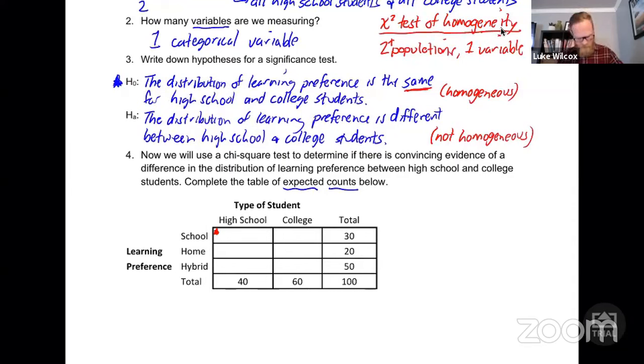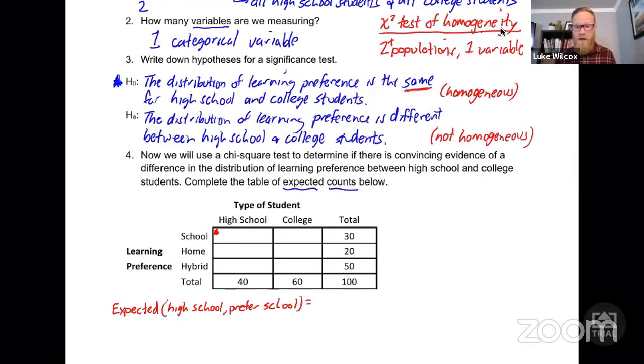I want to talk about what we would do to find the expected value for that particular cell in the two-way table.